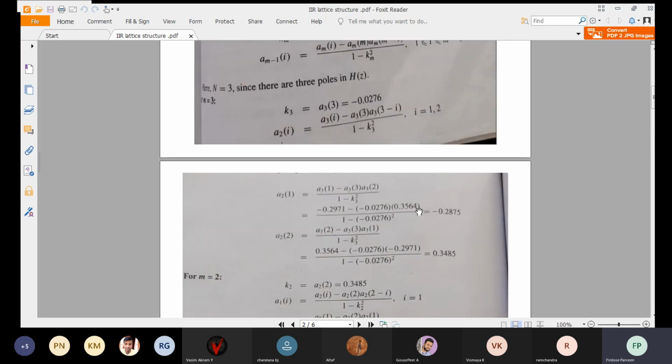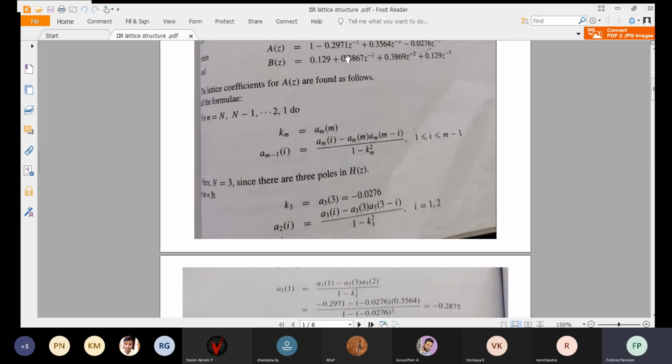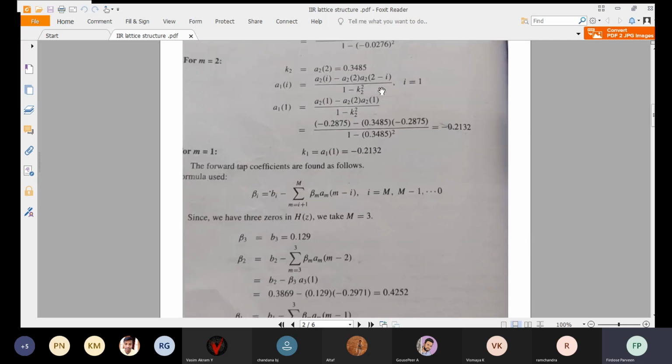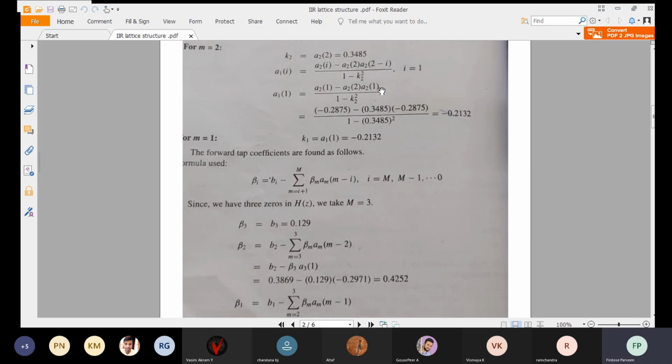So B2 is what? That is 0.3867. Substitute, you will be getting this one.